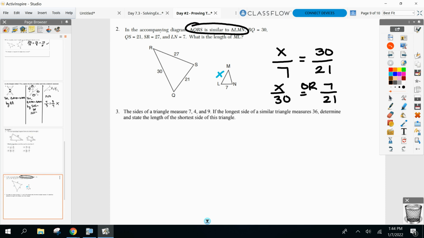The side of a triangle measures 7, 4, 9. Okay, wait. So let me draw that. 7, 4, 16, 9. The longest side of the same triangle.